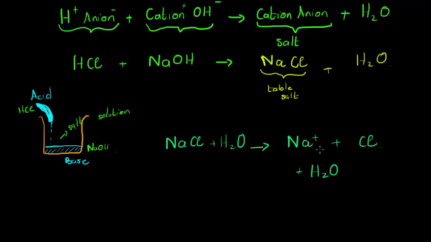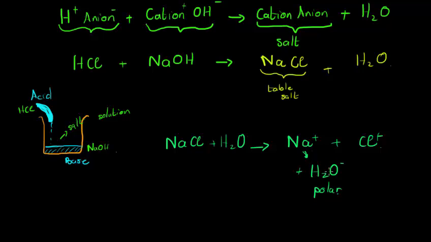But when I dissolve something, it dissociates. Water is polar, so what will happen is it will attract some of the ions. Which one is positive? This one is positive, that one is negative. It's got a little bit of an extra negative charge because of the big atom of oxygen. So it will attract the sodium.